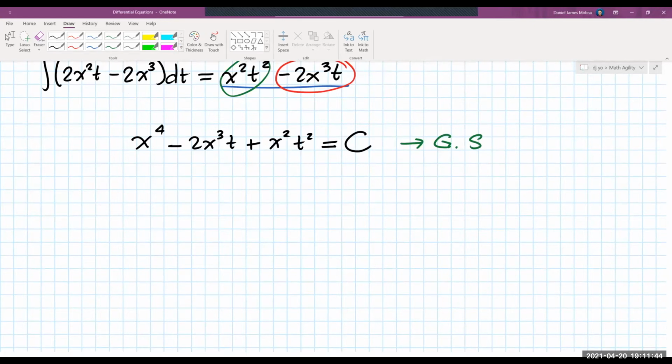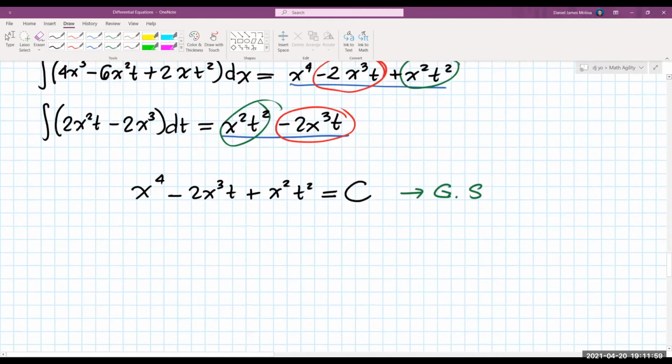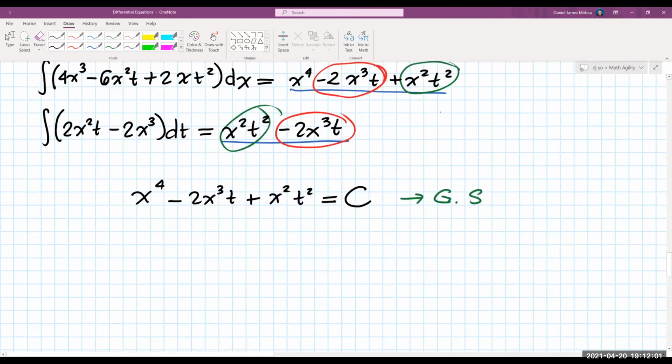You can also cancel the common terms which are the variables x and t. The greatest common factor in the given equation is actually 2x.